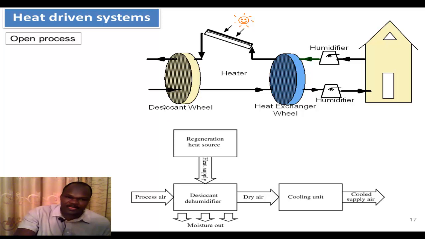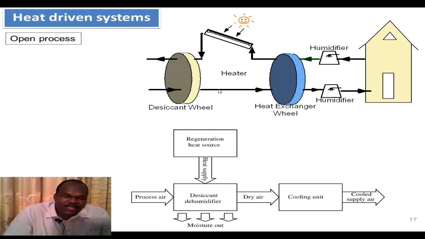If instead of having them in your wardrobe, you have them in the form of a wheel that rotates, and you let a stream of air pass through the wheel, the moisture from the air will be absorbed. So the air will come out a little bit dry, with less moisture in it.